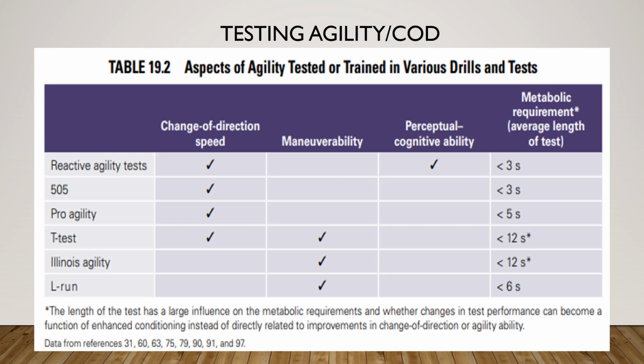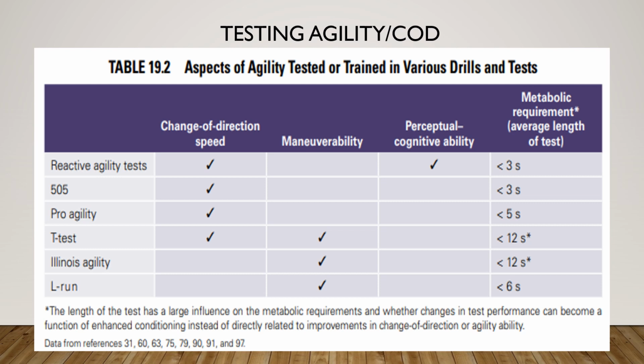And what we can see is that the majority of tests that we actually call agility tests don't have the one important component that differentiates agility from change of direction. So they don't contain a perceptual or cognitive component. So our 505 and Pro Agility, T-Test, Illinois Test, Agility Run, and L-Run all are either change of direction or maneuverability, but don't contain a perceptual component.